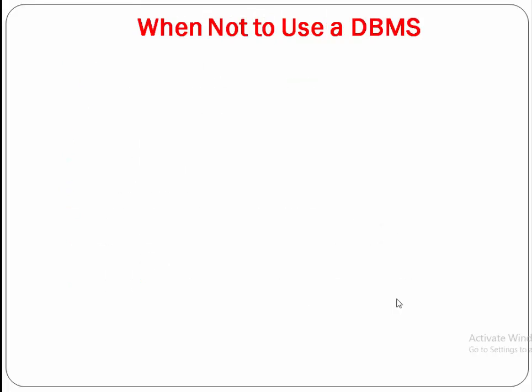And so next one is when not to use a database. So we learned what the advantages and disadvantages of database management are. There are a few situations in which, instead of using a DBMS, we can use a traditional file system, to reduce the overhead cost of using a DBMS, due to the following reasons: because it needs high initial investment in hardware, software and training.